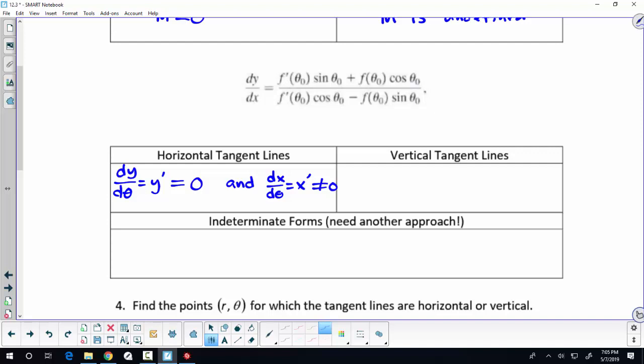Similarly, vertical tangents are when dx over d theta is 0. Yeah, dx d theta, thank you. We'll just do this: dy d theta is not 0, and dx d theta is 0.